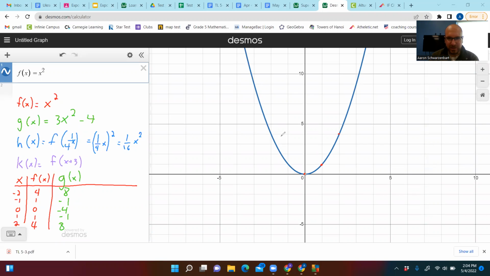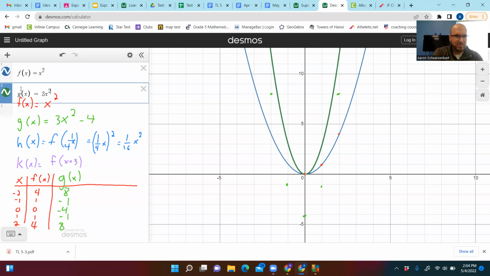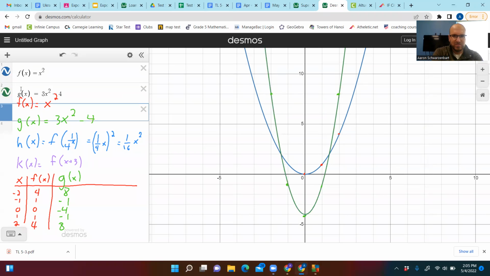So if I plot those points, this is definitely stretched out vertically. So we're going to type that one in and have a graph. And there it is. Pretty much right on my points.